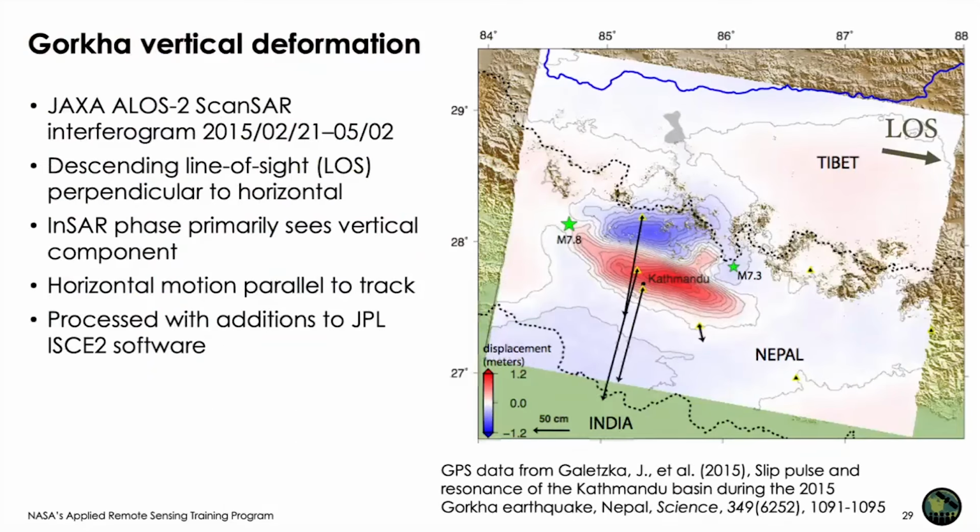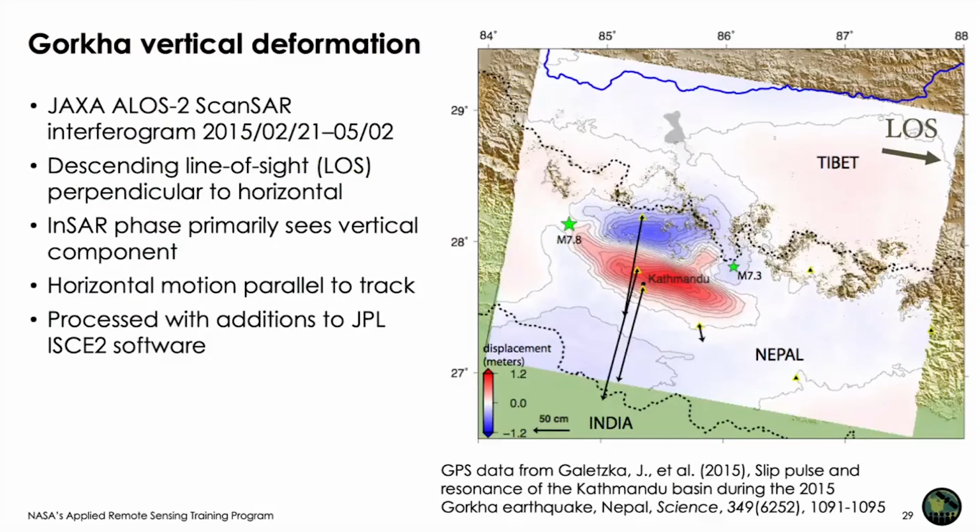Then on May 2nd, the JAXA acquired the first ScanSAR scene. This is the 350-kilometer wide swath mode of ALOS-2. This is actually wider than Sentinel-1 or the plan for the NISAR mission.